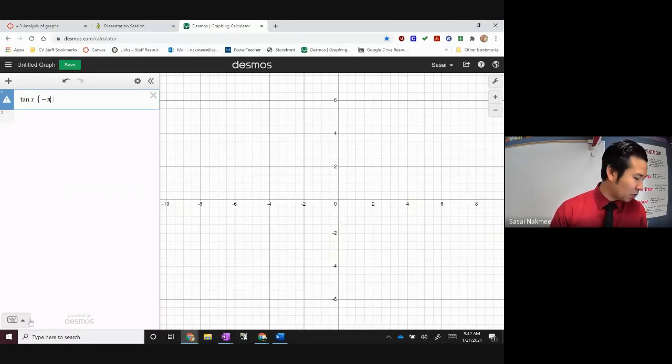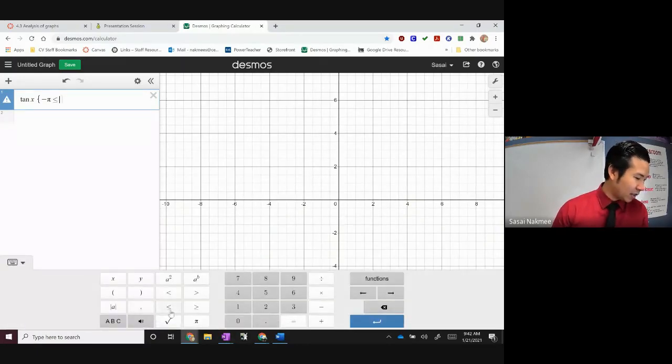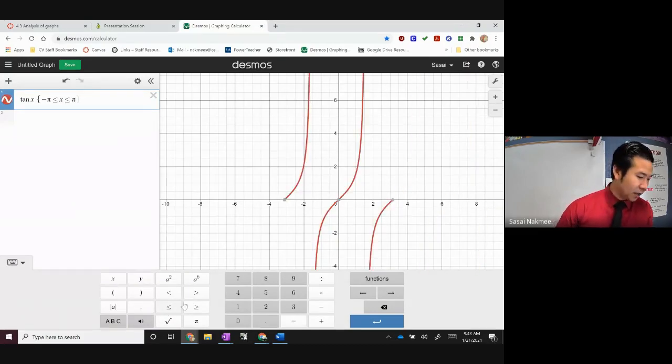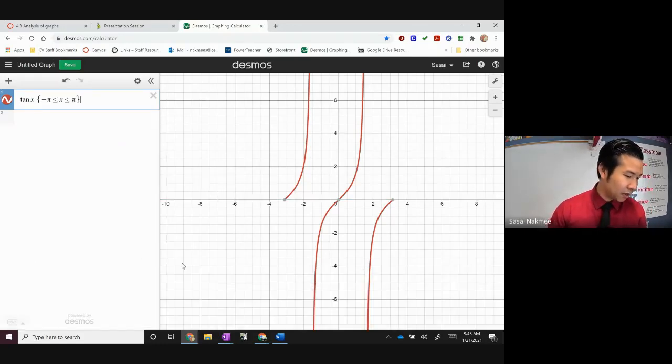So if I do this for -pi less than x less than pi, do you guys think that function is continuous or discontinuous, just by looking at it? Does it make sense? This is one thing you could do. You can see that this function is discontinuous from -pi to pi.